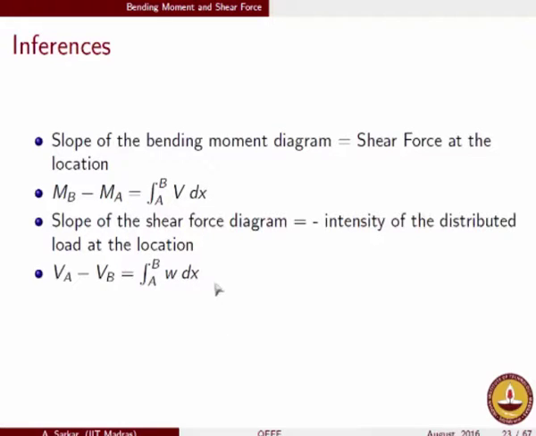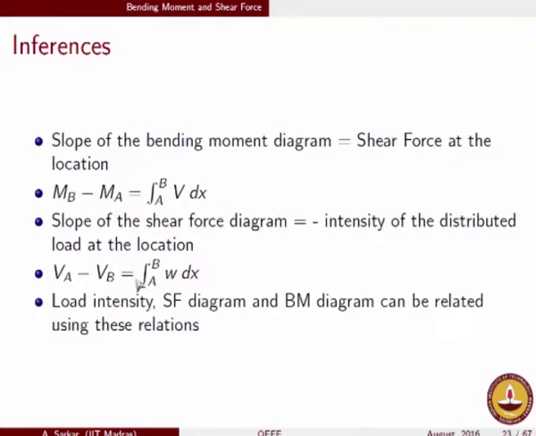Now the integral of the load intensity is VA minus VB. So both these formulas are very similar. This is to convince you that these three different loading aspects, the bending moment, the shear force and the load intensity, are all related.